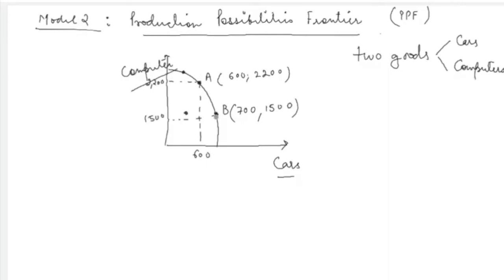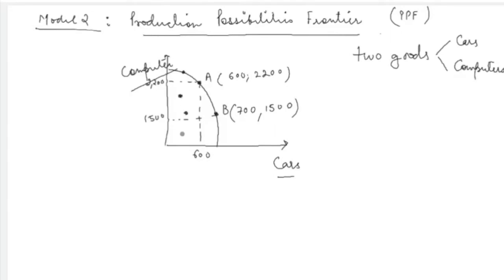Now, point A and point B are two points which are telling you the possible output combination of the commodities produced by this economy given the amount of inputs that the economy has, given the amount of technology that the economy has. Now, there are several points on this boundary of the curve which are definitely production possible points. Then you also have some points which lie in the graph, which lie to the left of this boundary.